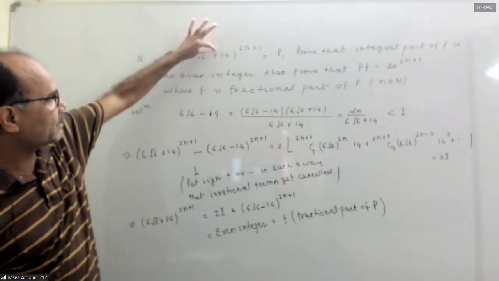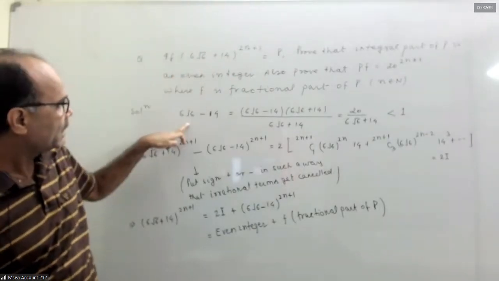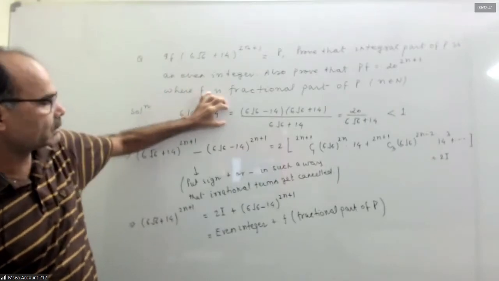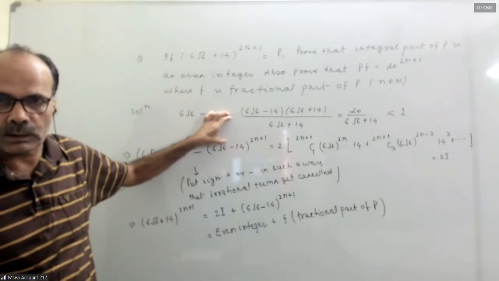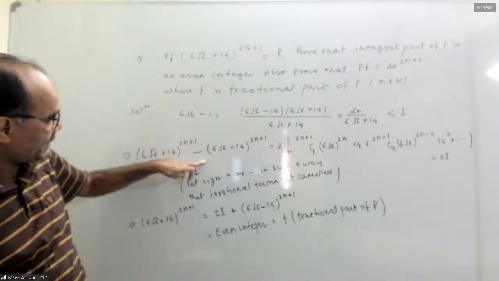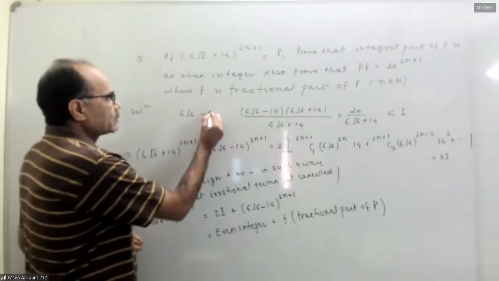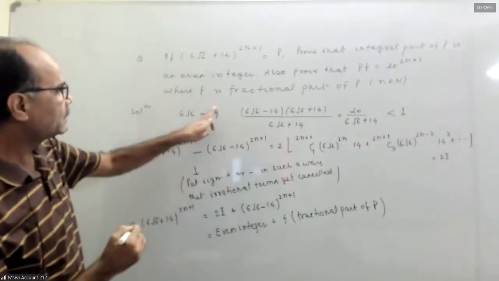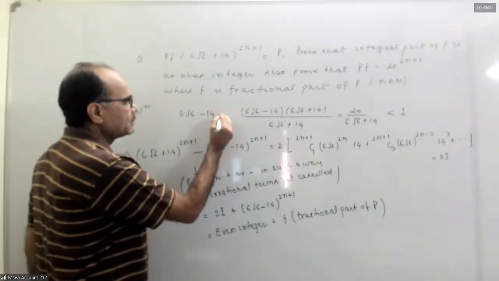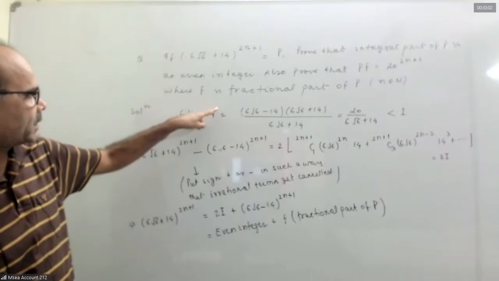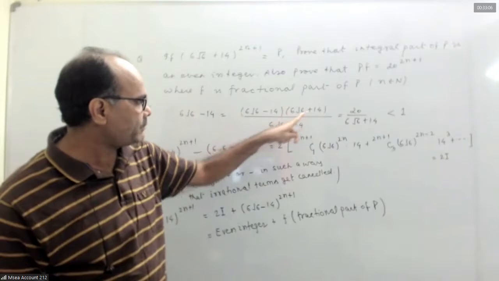Mostly it will be plus here in most questions. Take the minus sign here, the numbers are same, and try to prove that this is a proper fraction, meaning between 0 and 1, because I have used it later and it becomes the fractional part. So by taking minus here, we make the numerator part an integer by multiplying and dividing by this term.